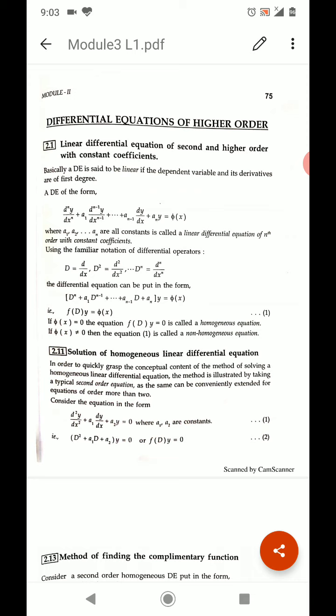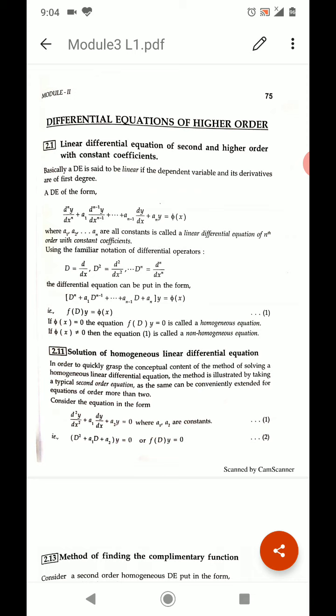Now we are going to find out how to find the solution of homogeneous linear differential equation. Consider any second order differential equation, that is d square y by dx square plus a1 dy by dx plus a2 y equal to 0, where a1 and a2 are constants.